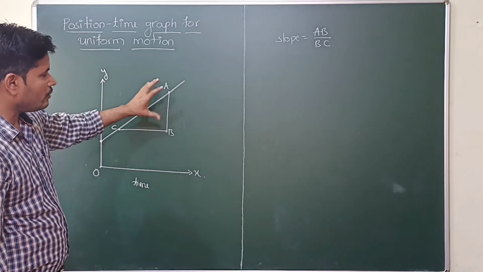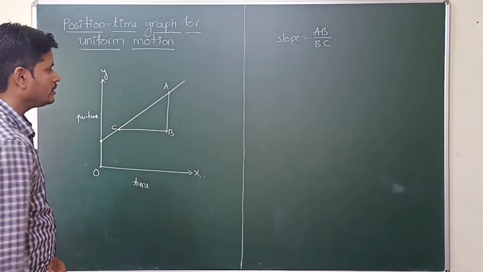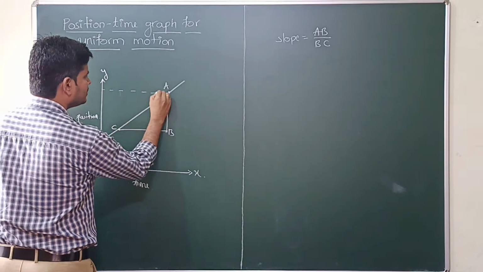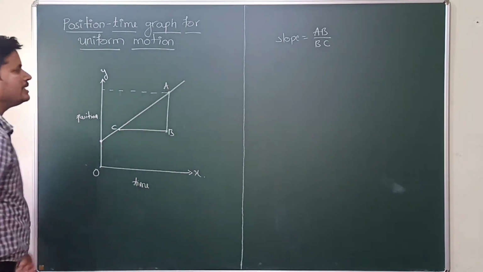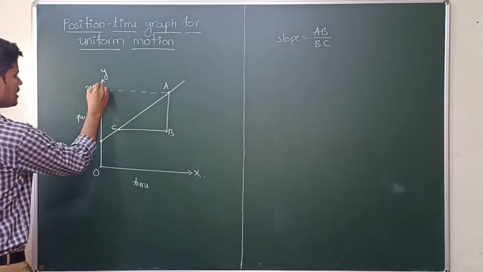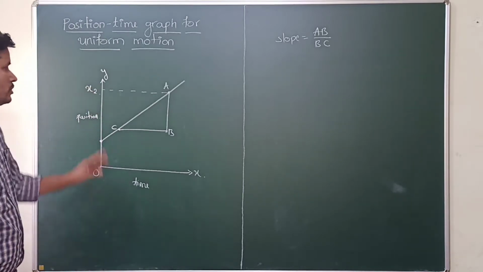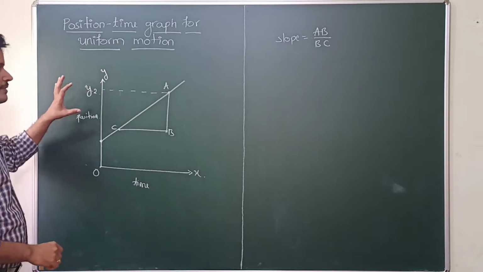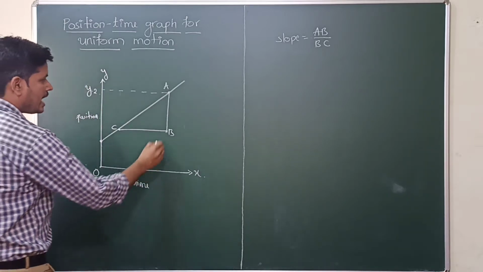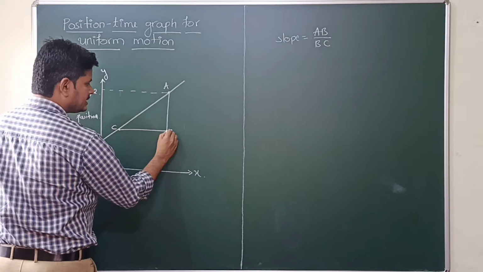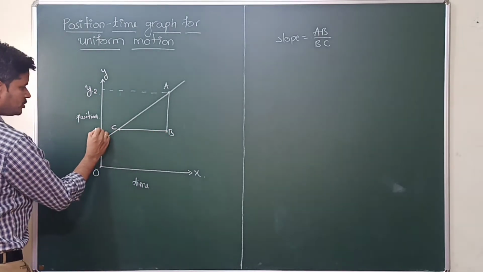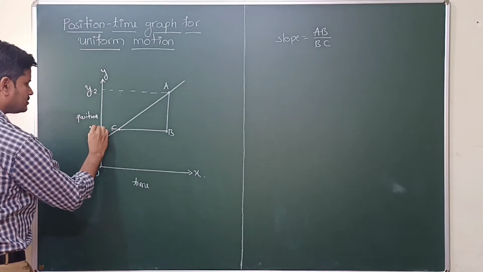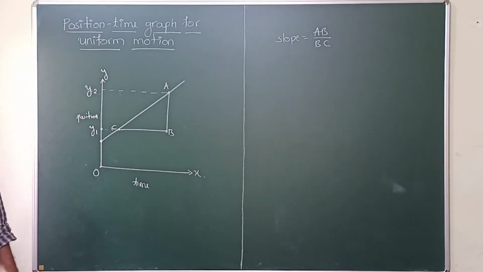How can we calculate this AB? With respect to A, the position of the particle on the y-axis is y2, and with respect to here, this is y1.